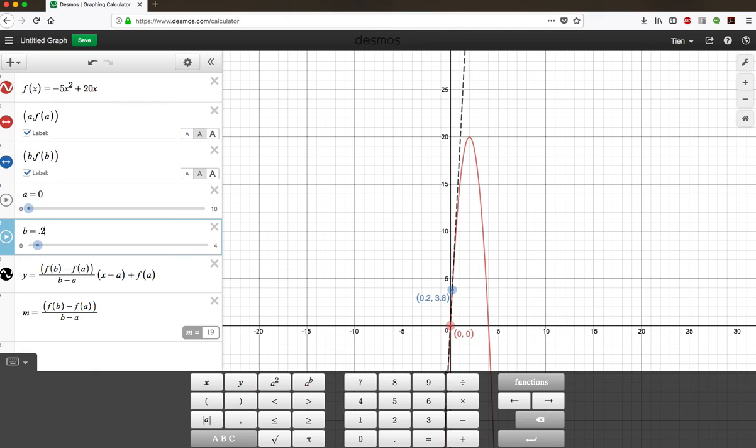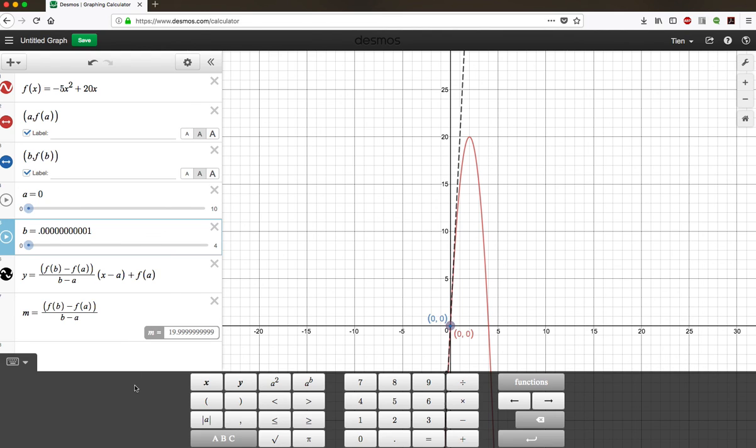In the first fifth of a second, I'm traveling at 19 meters per second on average. In the first tenth of a second, it's 19 and a half meters. In the first hundredth of a second, it's 19.95 meters. In the first thousandth of a second, it's 19.995 meters. And so on for ten-thousandths, hundred-thousandths, and beyond.